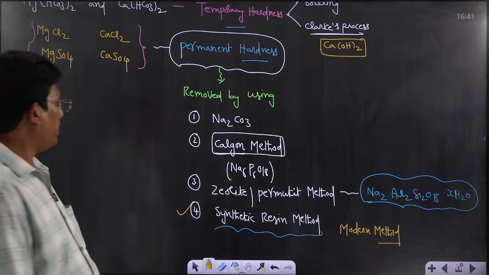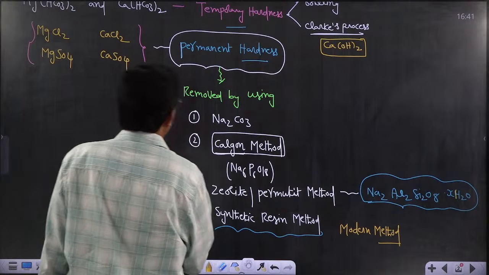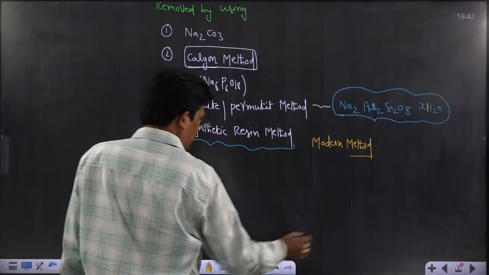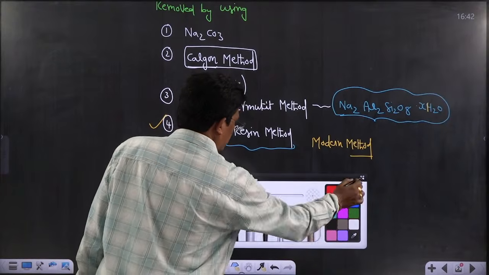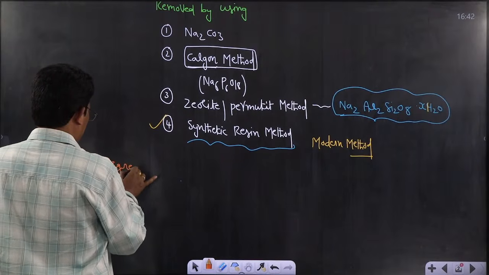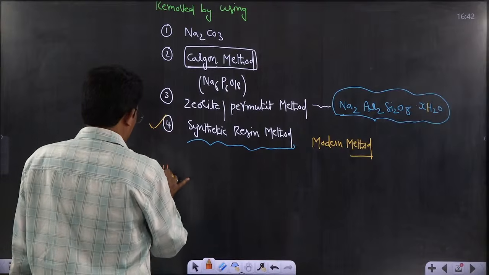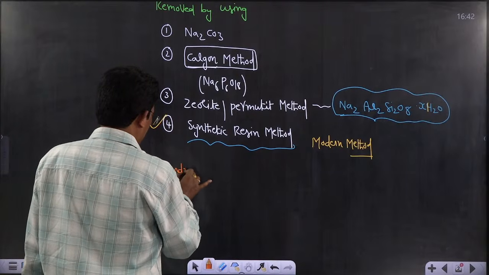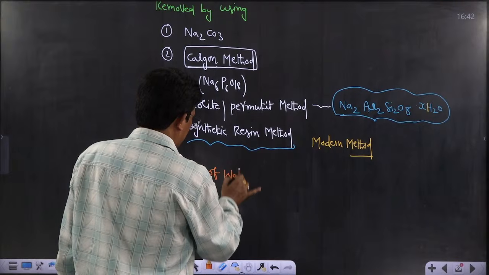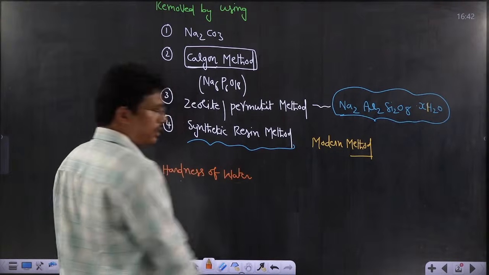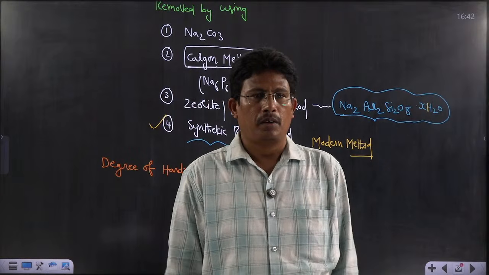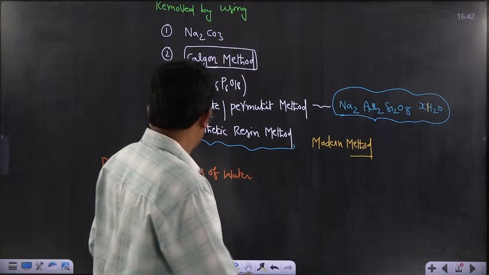Okay. How to find the degree of hardness of water? The degree of hardness of water is generally expressed in terms of parts per million parts.